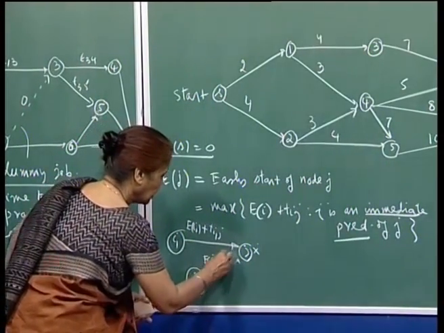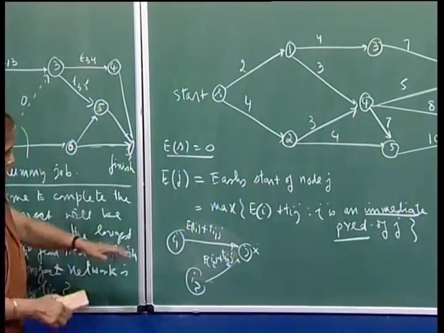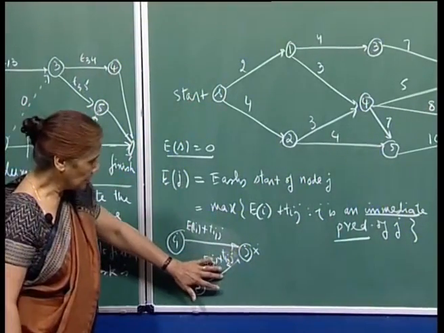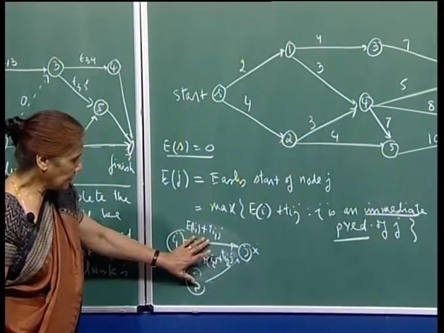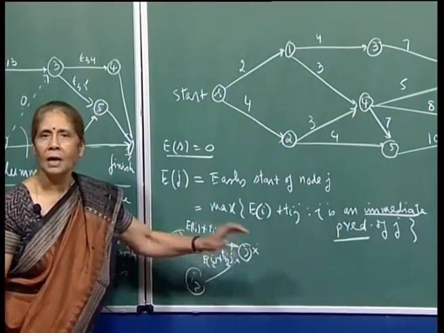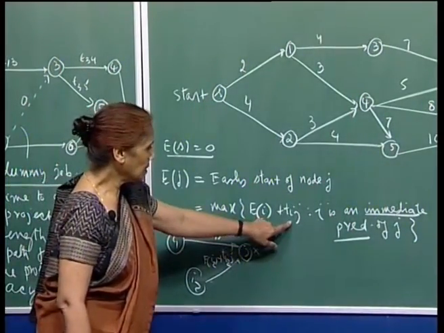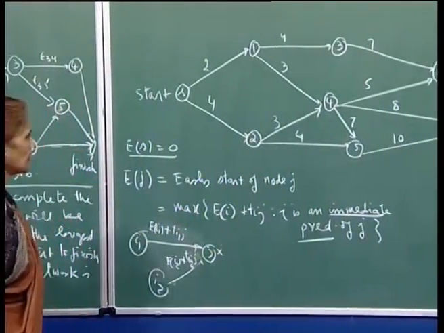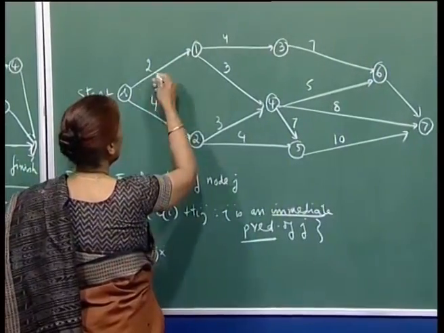You take the max of the two, because remember, this node cannot begin unless both the activities coming into the node are completed. Therefore, this will be max of Ei plus Tij, where i is an immediate predecessor of j.